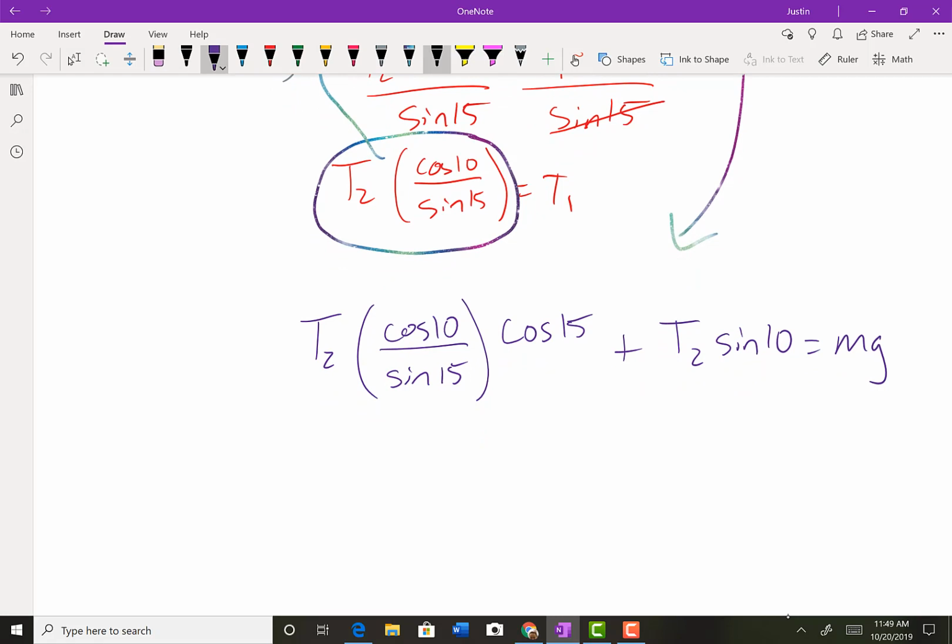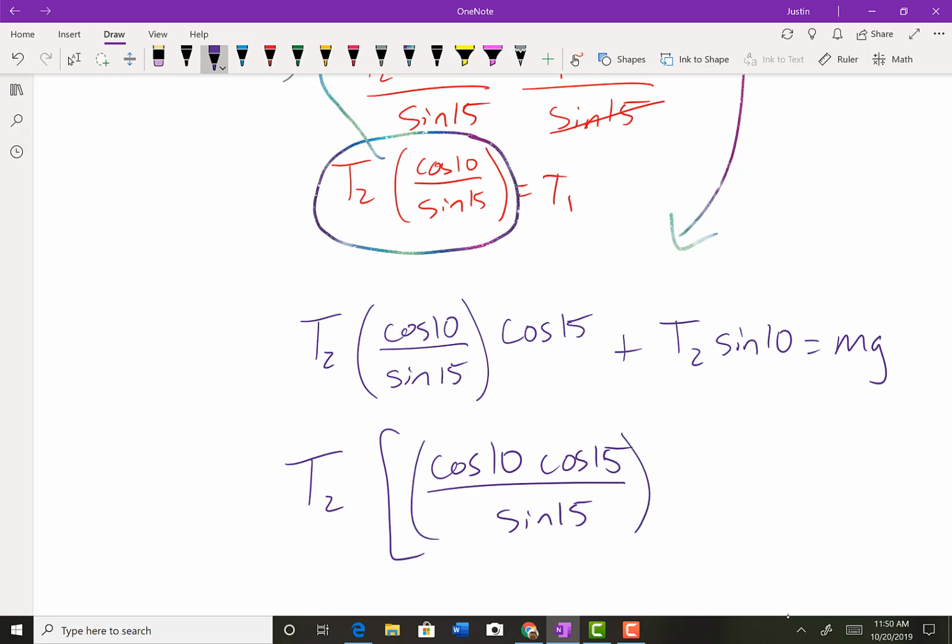And you can see I've got T2 terms in both of these, so I can factor the T2 out. That's going to give me T2 times cosine 10 times cosine of 15 divided by sine of 15. If you wanted to get fancy with your tangents and all that, you can definitely do that, but I'm not going to. Plus sine of 10 equals mg.